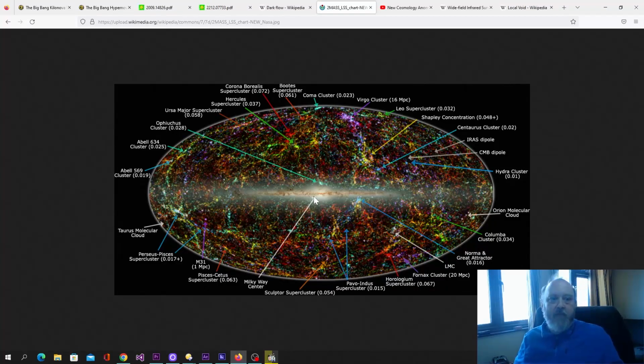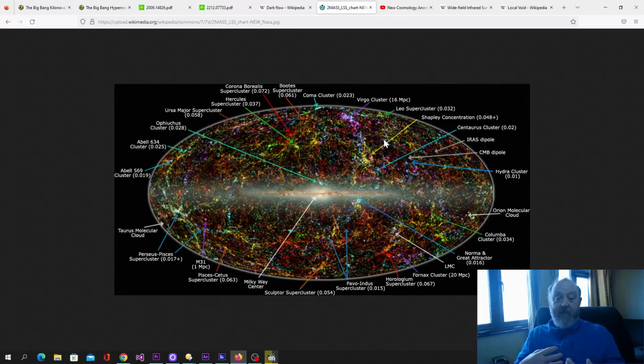So effectively, this big concentration of galaxies lies in what's called the Shapley supercluster, and then there's another supercluster beyond that.